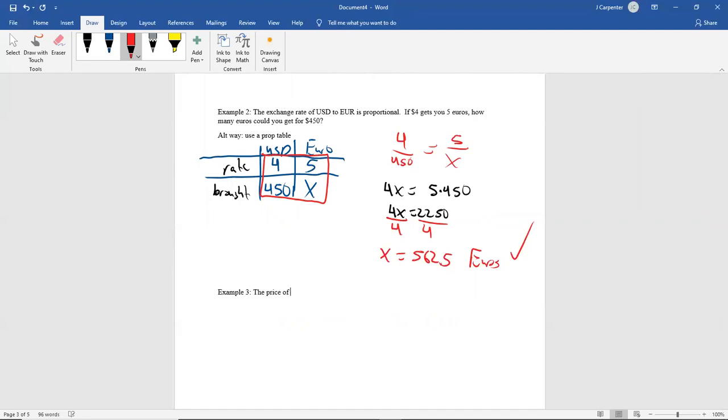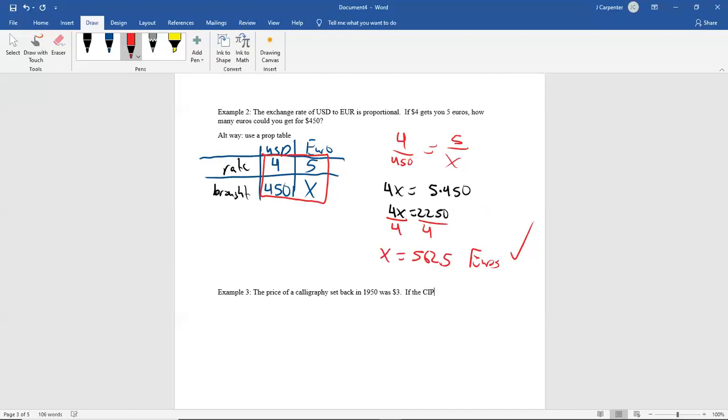price of a, what do I want to do? Calligraphy set. The price of a calligraphy set back in 1950 was $3.